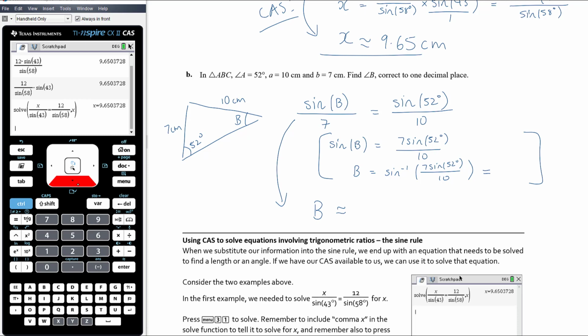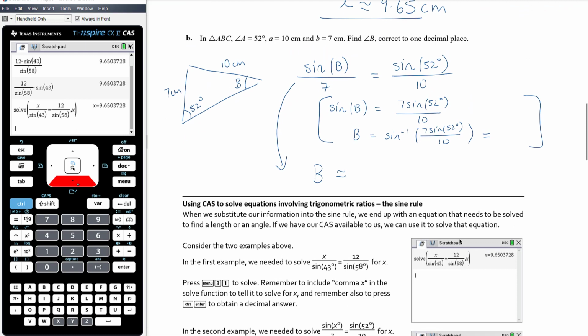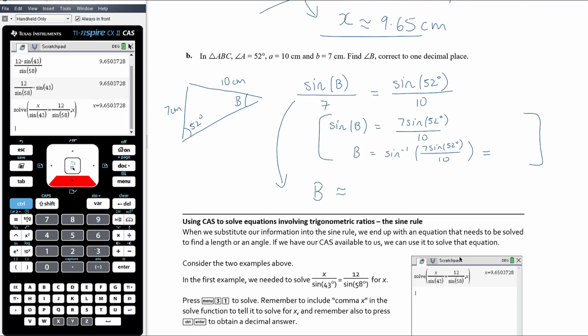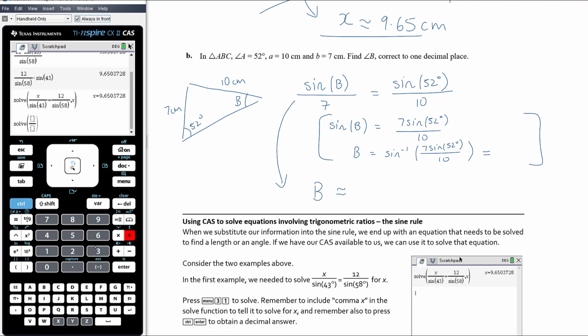Now, one of the problems that we're going to have here is if we solve our equation for B, let me just put this in my CAS and I'll talk about what's happening in the CAS information underneath, because that's important. If we solve this for B, so menu 3.1, control divide to get my fraction, sine of B, I'm just going to use lowercase b in the CAS, it doesn't matter.